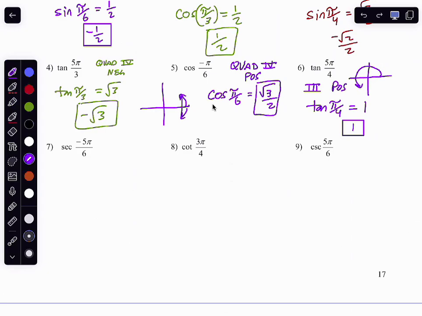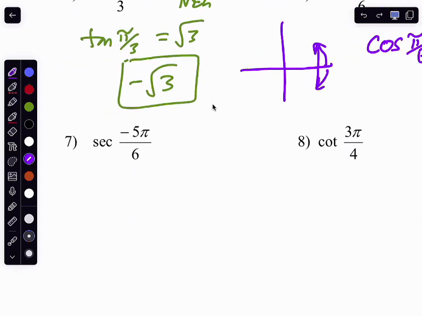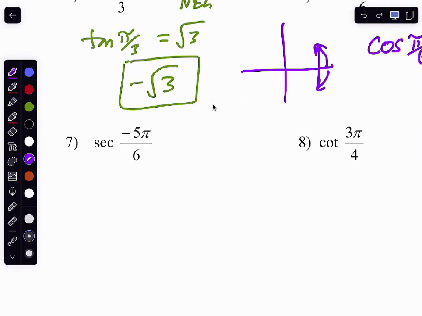All right. So, I know I got a lot of these, but we're just going to do these last 3, and then we're done. This one's a little bit harder because it's secant. So, first I got to figure out the quadrant. I got to go negative, and it's quadrant 3. Then I got to figure out the reference angle, definitely not coterminal.